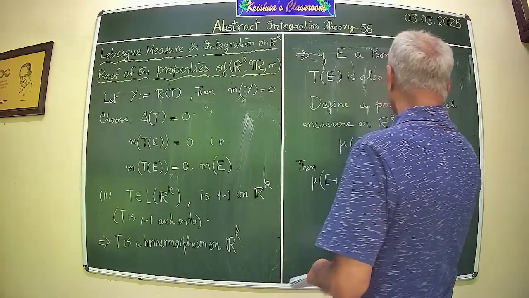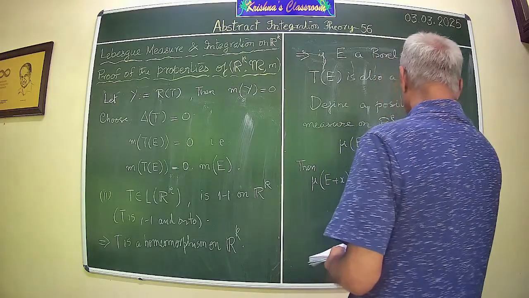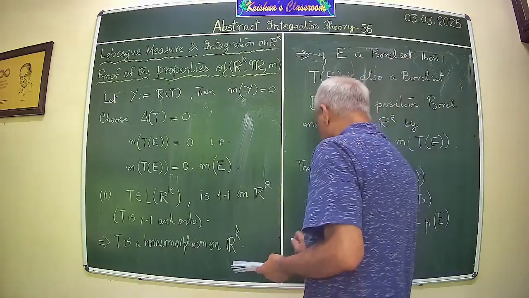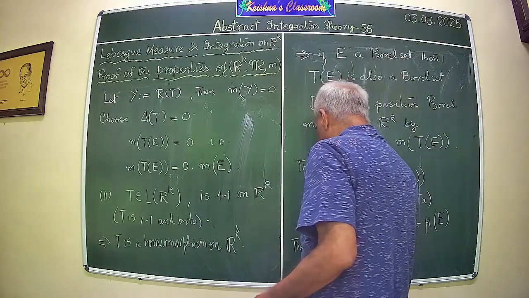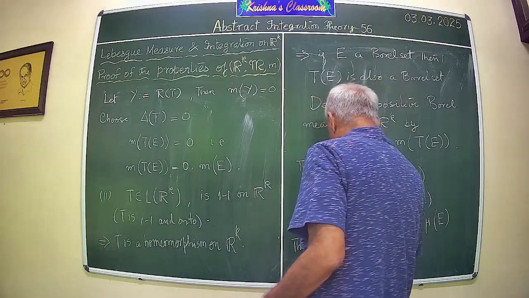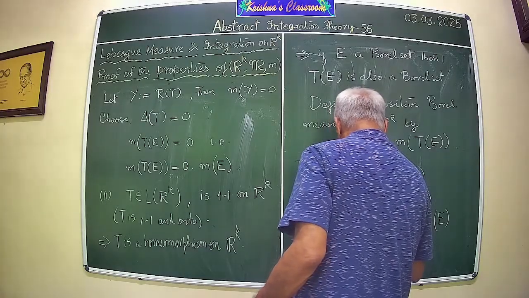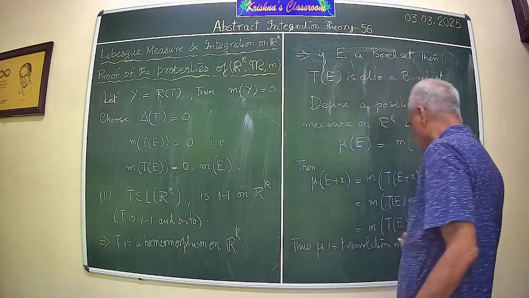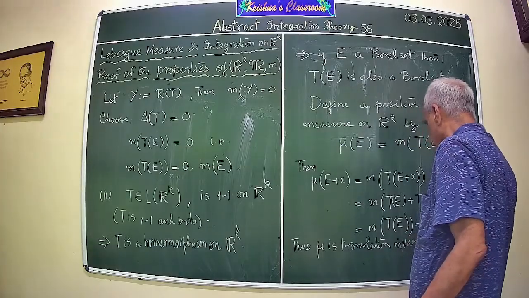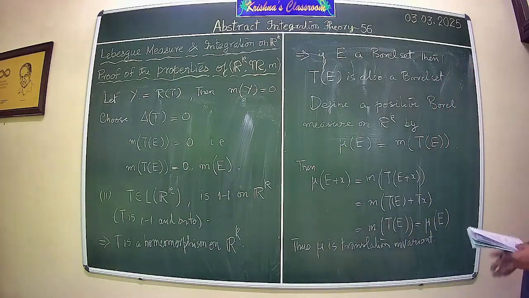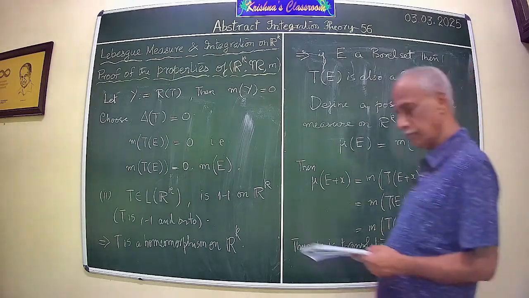Thus, mu is translation invariant. So mu inherits the translation invariance property from the definition.